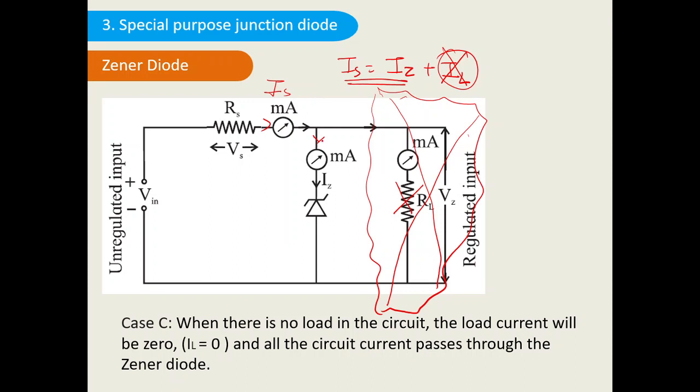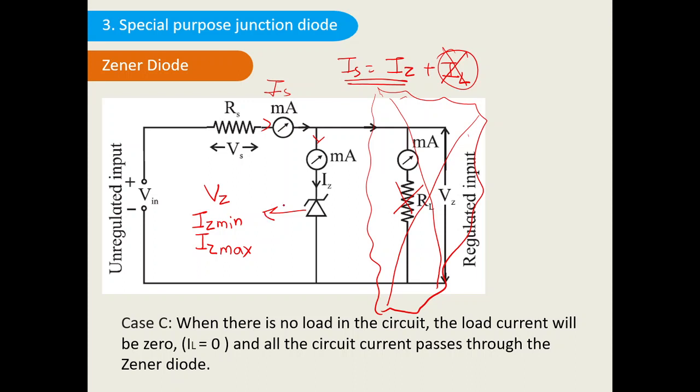But there is a limitation of the Zener diode. What are the specifications of the Zener diode? The value of Vz, the value of Iz minimum, and the value of Iz maximum. These are the three main specifications of the Zener diode.